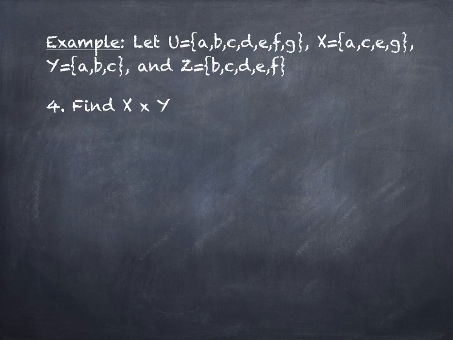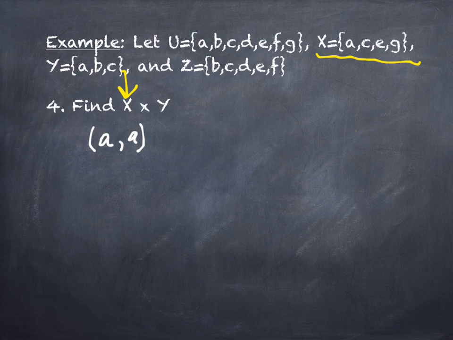Okay, so we should be getting familiar with this list of U, X, Y, and Z because we've used it several times now, right? All right, so the way that this works is I need to take every element of the first set X, so over here, and write it as an ordered pair. So the first item in set X is what? A. And let me join it with the first item in set Y, which is also A. Do I have to use the curly braces?